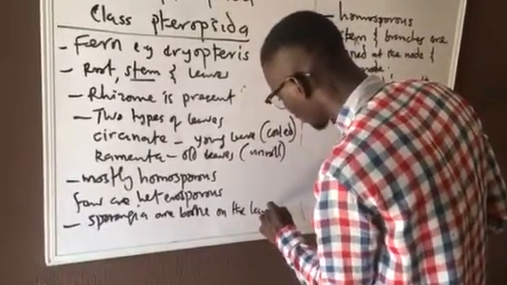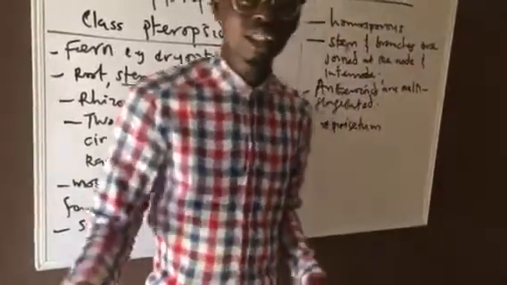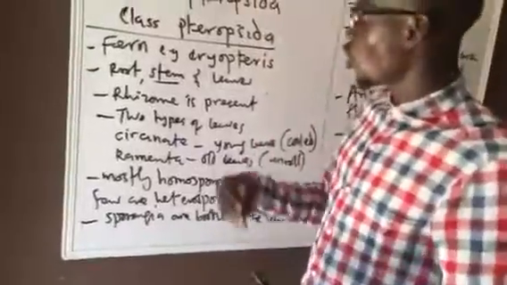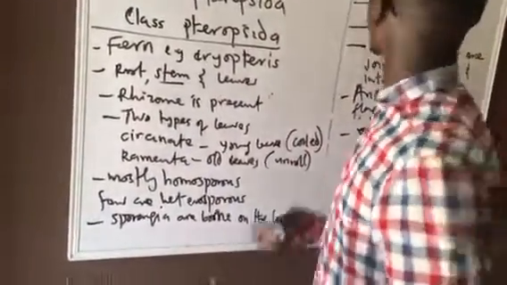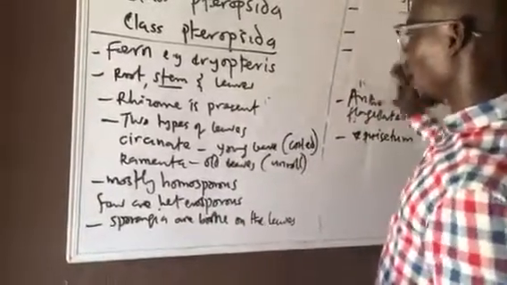These leaves are called sporophylls, and the leaves bear the sporangia. The singular of sporangia is sporangium. The sporangia bear the spores, and the leaves are called fronds anyway.